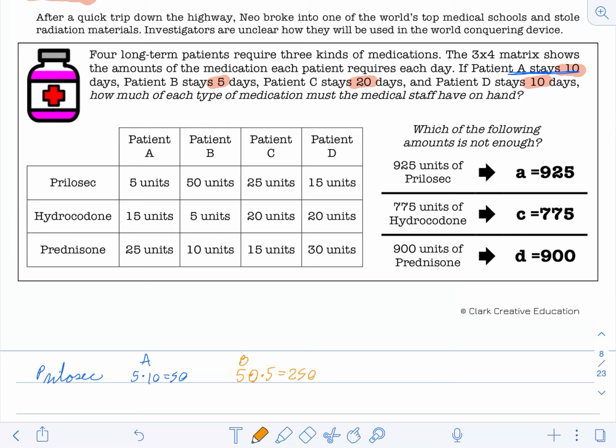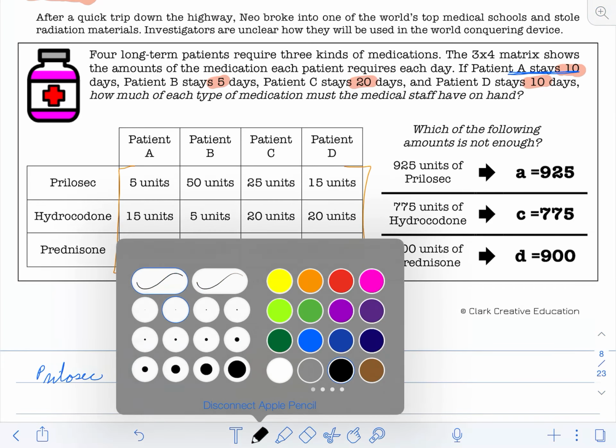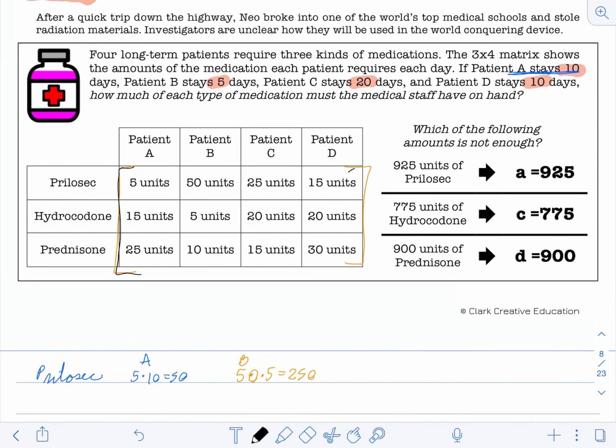For example, if you think of this as a big matrix, the matrix that we see here would be a 3x4 matrix. And then over here we have patient A, patient B, C, and D. I could list those down and make that a 4x1 matrix.